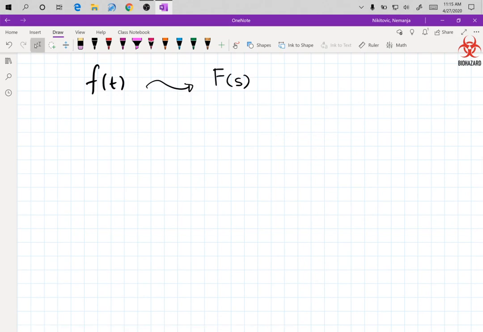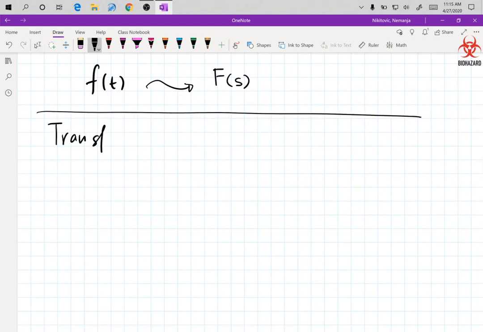All right, let's go and do an example of transform f of t equals t. That's second cheapest, right, you can have, obviously.